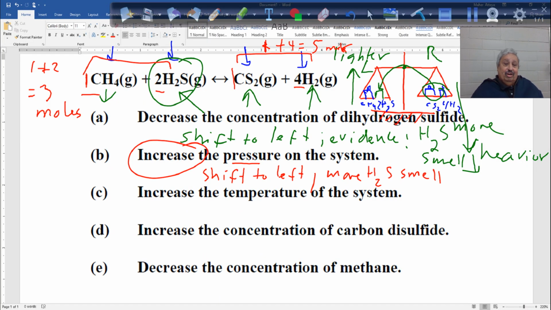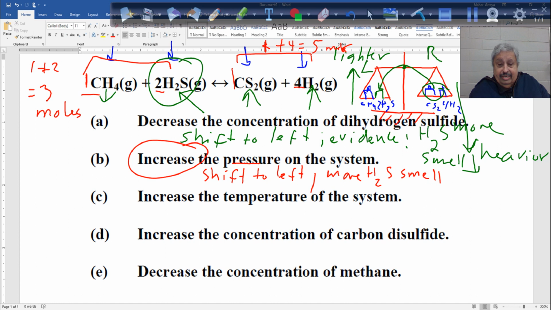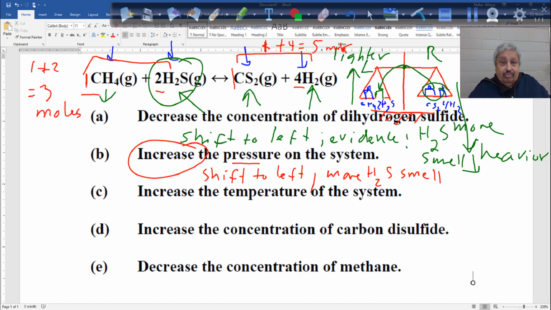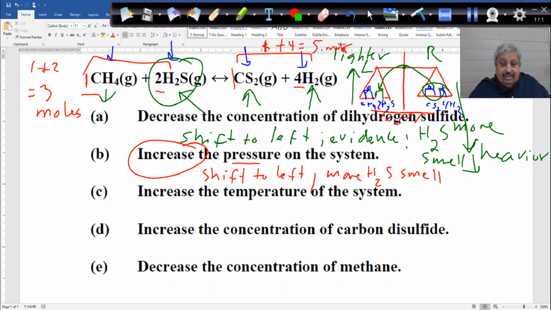Okay. So temperature I cannot say, because I don't know if it's endothermic or exothermic. Correct? And do I have any indication of where the heat is? No. If it's on the left, it will be endothermic. If it's on the right, the product side, it will be exothermic. My answer here will be not applicable, because I can't answer this question.